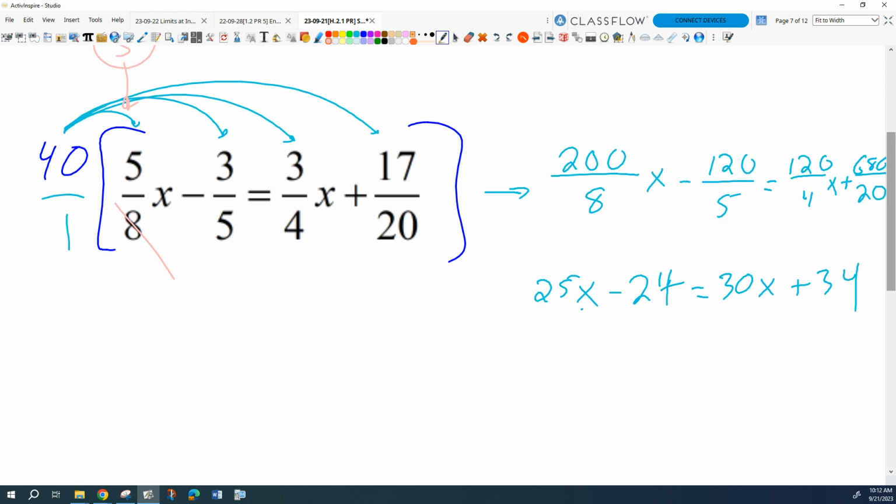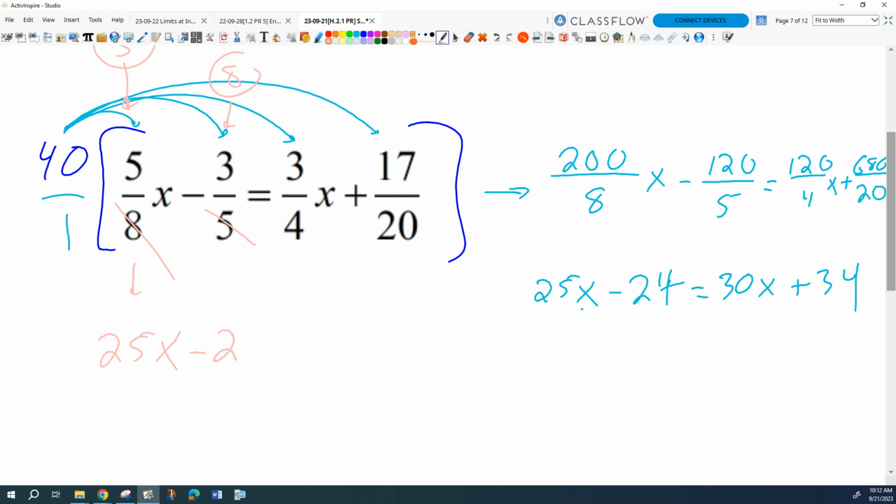So then we end up with our first term being 5 times 5 is 25x. 40 over 5 is 8 times 3, 24.